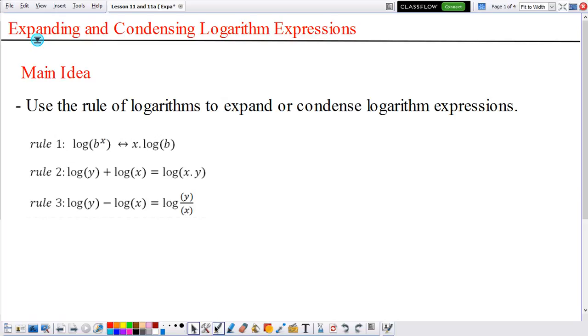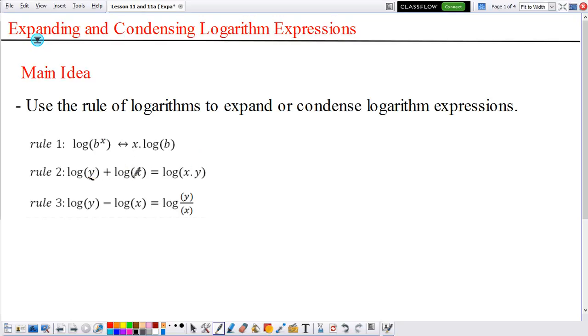If you want to either expand or condense logarithm expressions, we will be using three rules. The first rule says if you have an exponent, you can bring it in front of the log. The second rule says that if you're adding two logarithms, that is equal to multiplying whatever they have inside.